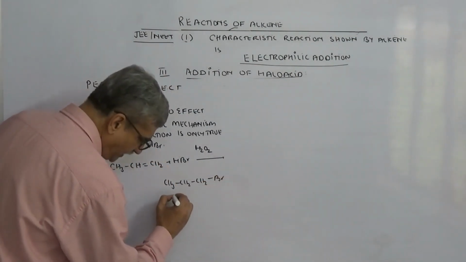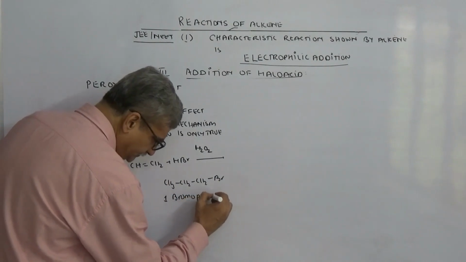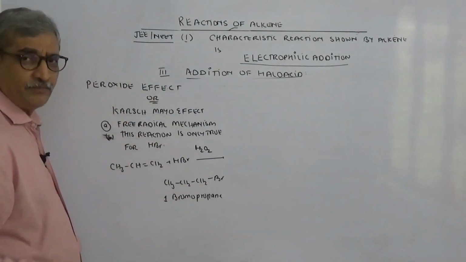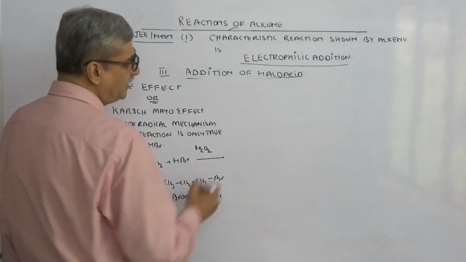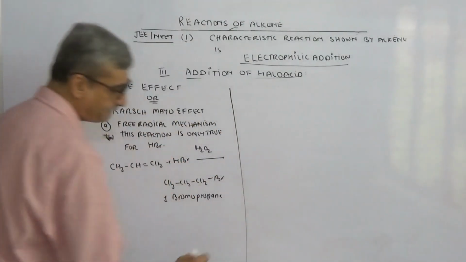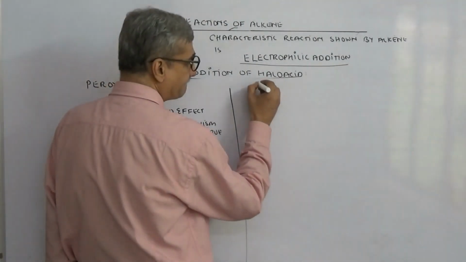So this is 1-bromopropane. In Markovnikov's addition it was 2-bromopropane, this is 1-bromopropane. So why is it so? We can explain this by looking at the mechanism.